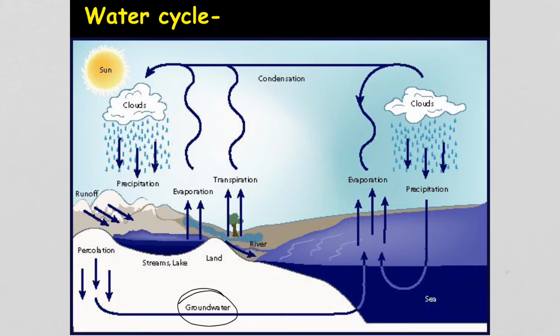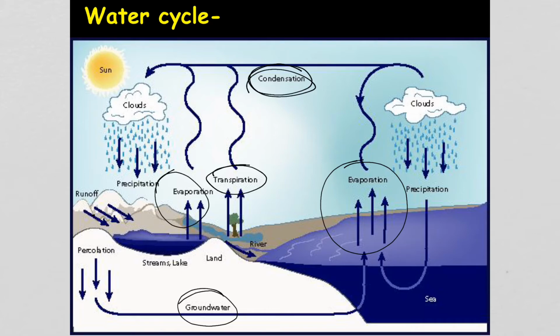And then from there, it can evaporate out, and that's what's being shown here and here. Or it can be used by plants from the ground or from a water source, and then transpire into the atmosphere. Then it's back up in the atmosphere where it's going to condense when it hits that colder air, become clouds, and then precipitation, and the whole thing goes again. And so that's the water cycle.